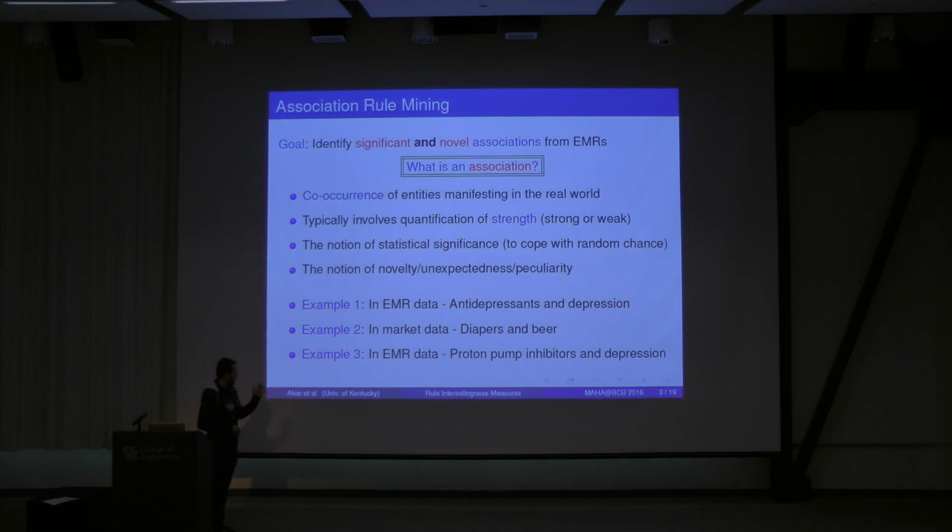The second example is from a market data set, a well-known example: diapers and beer. The person who buys diapers tends to buy beer. And the last example is again from our EMR data set: proton pump inhibitors and depression. It's one of our results.